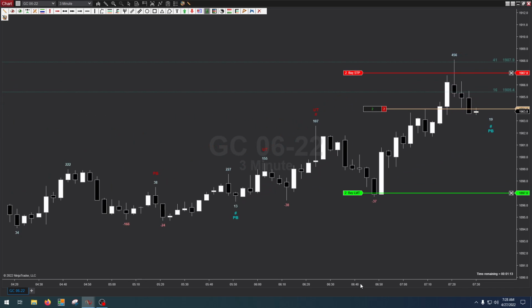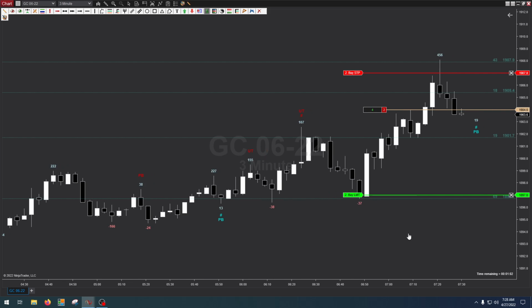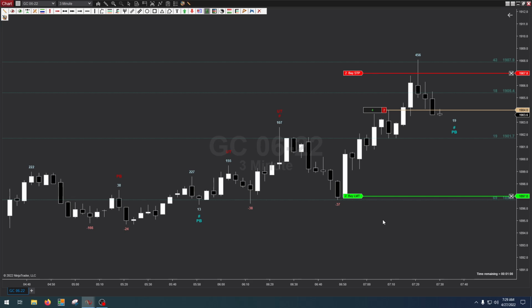See what happens here. There's a fractal right here. The tweezer basically, and this is the prior swing low right here. Let's see what happens. If I had multiple targets, we all trade differently, and I'm not telling you what to do.